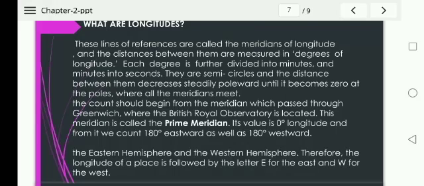It means that because of the Greenwich prime meridian line, the earth is divided into the eastern hemisphere and western hemisphere. Therefore, the longitude of a place is followed by the letter E for east and W for west.